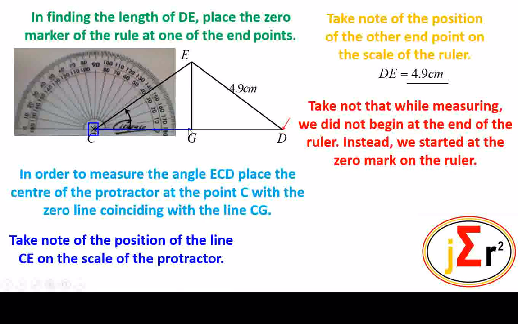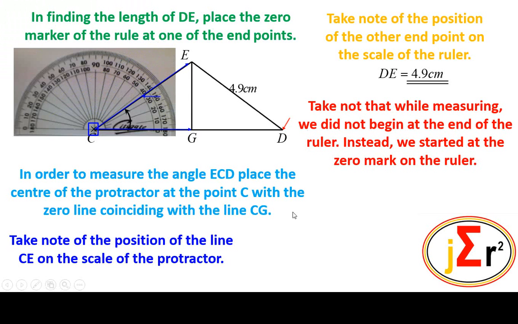The angle goes like this. The zero marker is on this segment. We need to take note of the position of this line segment on the scale of the protractor. There we go.